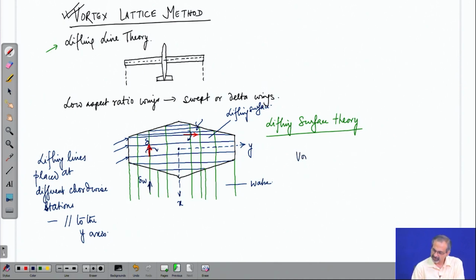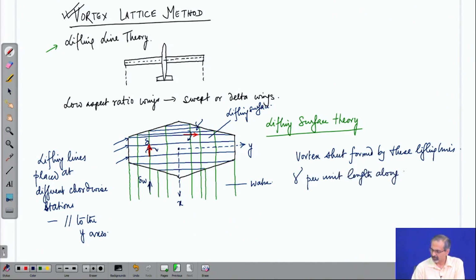So, there is a vortex sheet formed by these lifting lines. Let us define the strength. The strength of this sheet is given by gamma per unit length along the x axis.